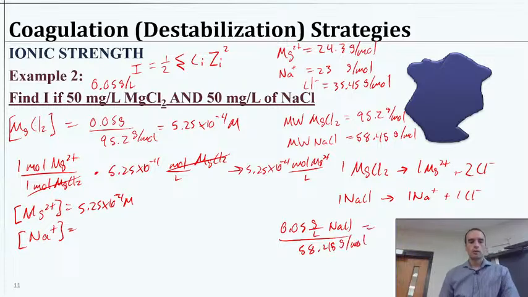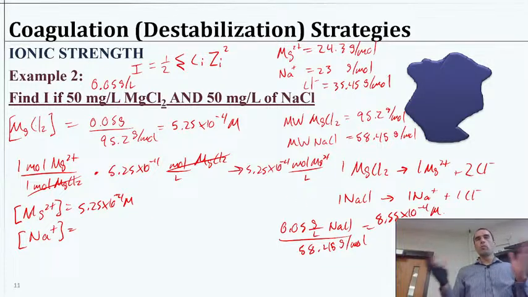That should give us a value of 8.55 times 10 to the minus 4 moles per liter. Okay, so that gives us a 1-to-1 ratio of sodium chloride going to sodium. So this one will also be 8.55 times 10 to the minus 4 moles per liter.